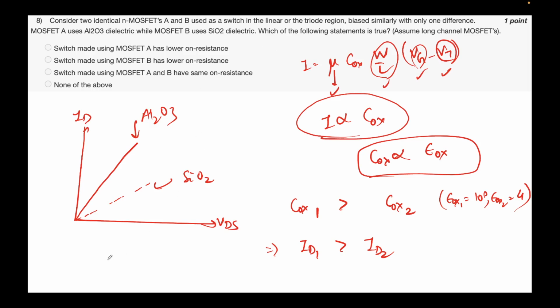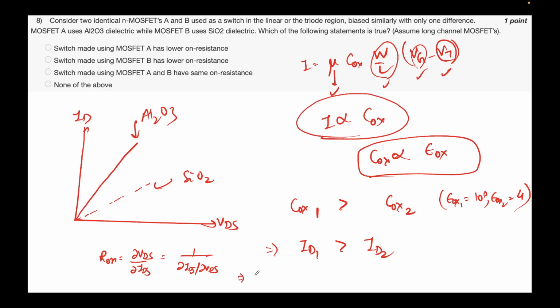So on resistance, or R on, is nothing but delta VDS by delta IDS, essentially the inverse of the slope of this curve, because this is IDS versus VDS. So I can write delta IDS over delta VDS. You can clearly see the slope is higher for Al2O3 as compared to SiO2.